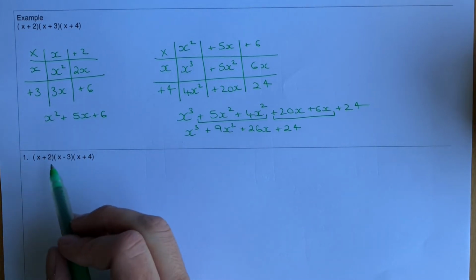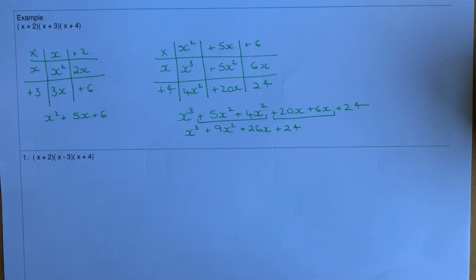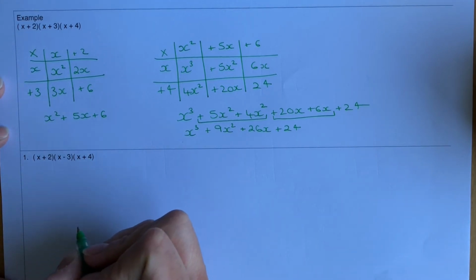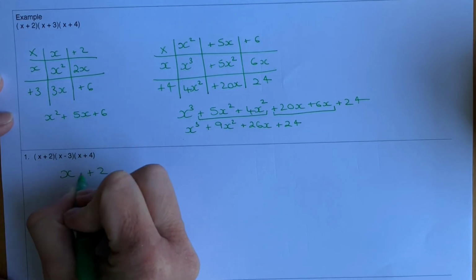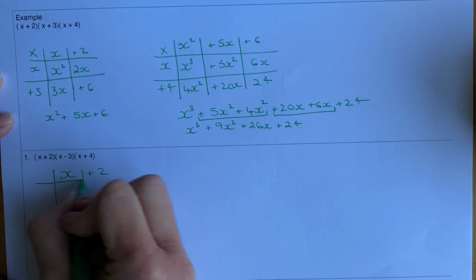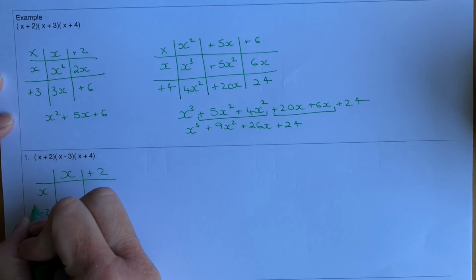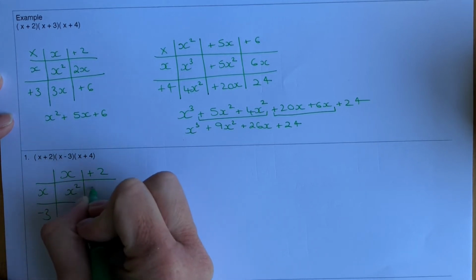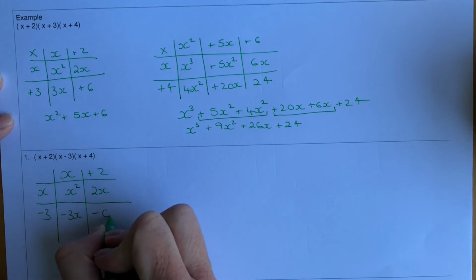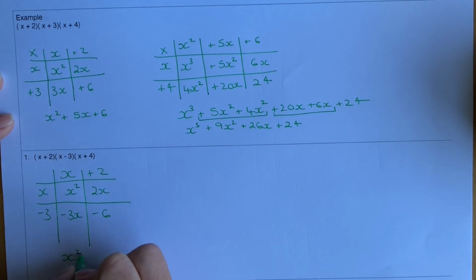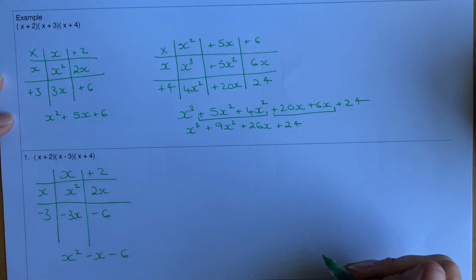Be careful with this negative sign here. Okay, let's go through this one then. So we get x squared minus x minus 6.